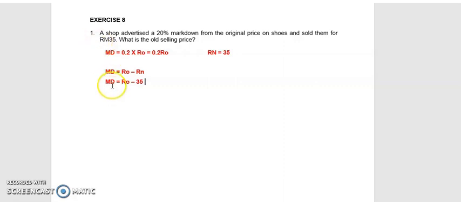Since we know that markdown is 0.2 RO, here you substitute MD equal to 0.2 RO. Okay, now make RO the subject. Bring RO on the right hand side to the left hand side. So positive to the left hand side becomes negative. 0.2 RO minus RO is equivalent to negative 35 ringgit.